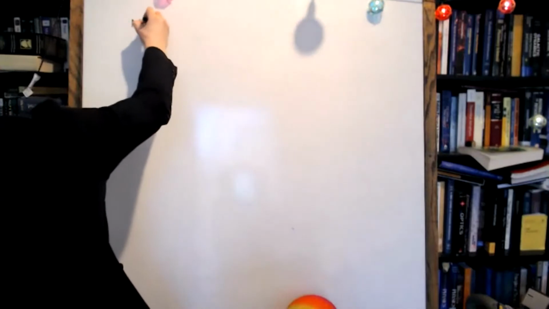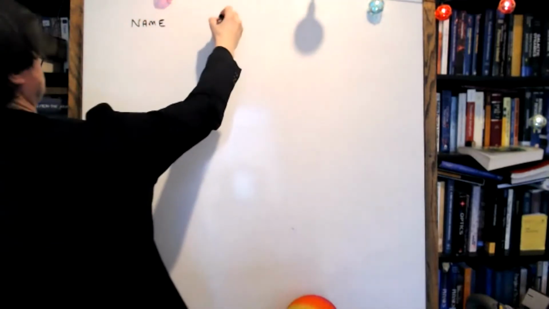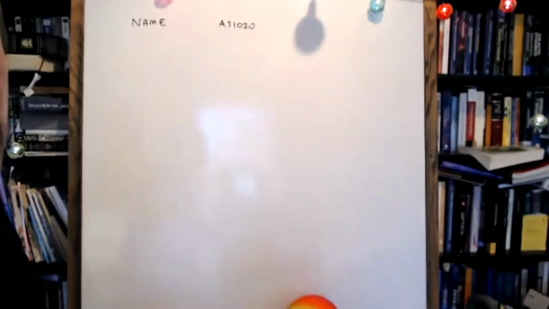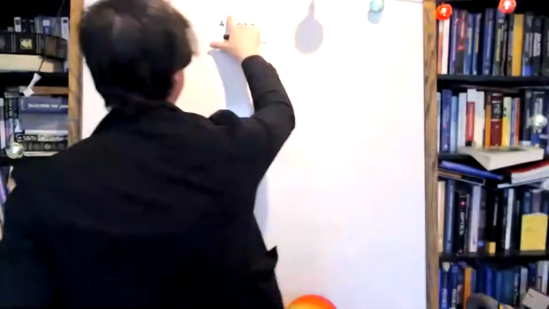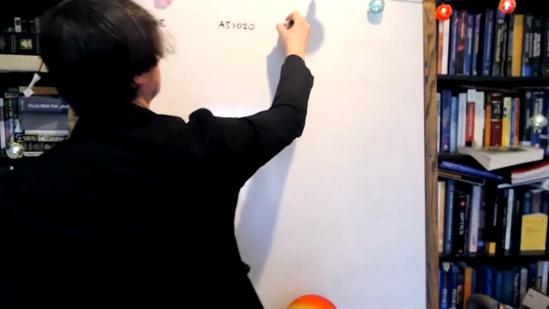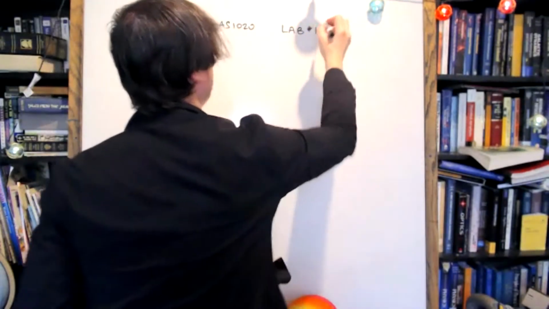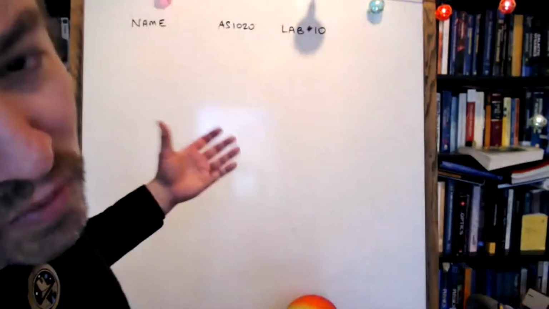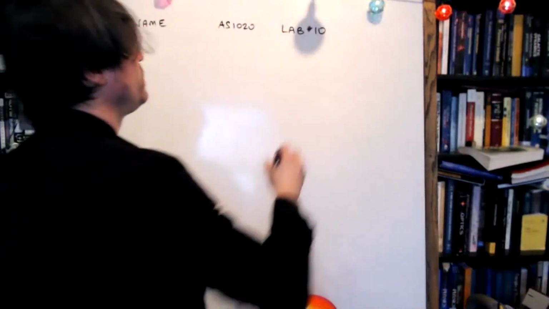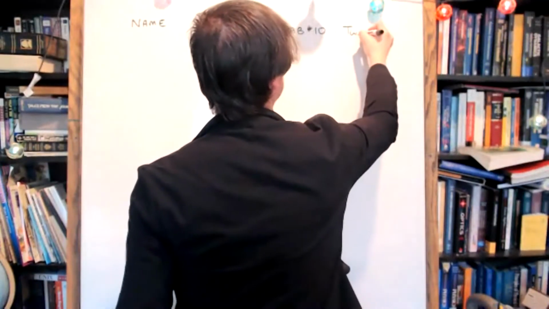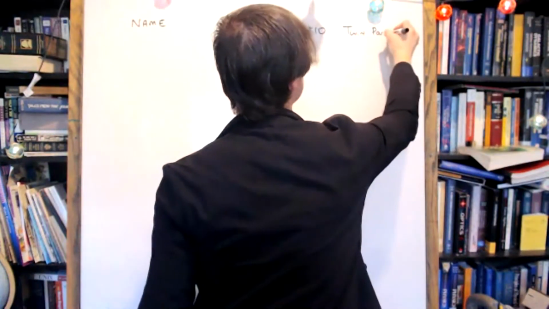So your name, AS1020 would be helpful. And today, what we're going to be doing is lab number 10. I need you guys to put this because people keep turning in the wrong labs and homeworks in the wrong slots. Originally, our lab was going to be on the twin paradox.